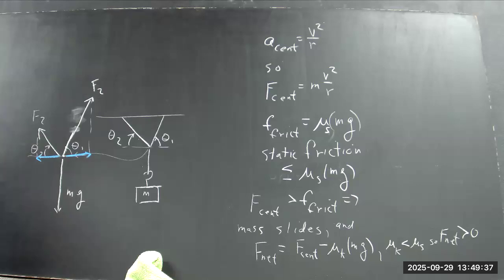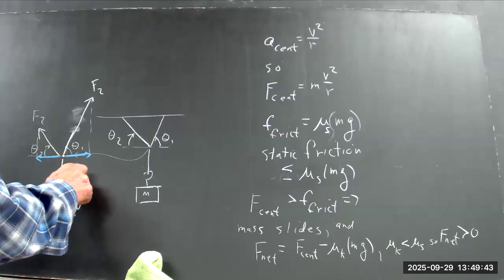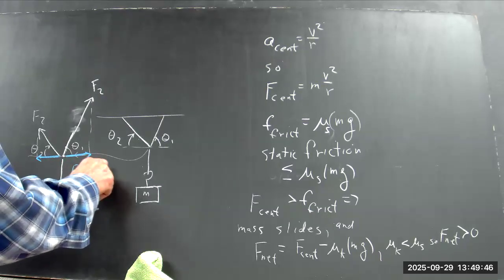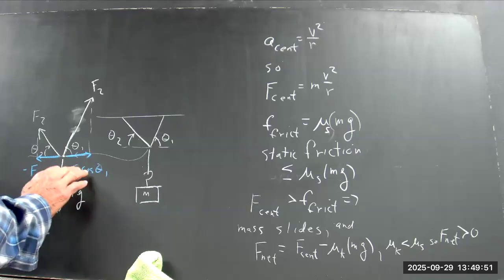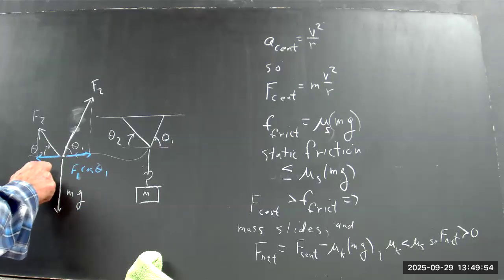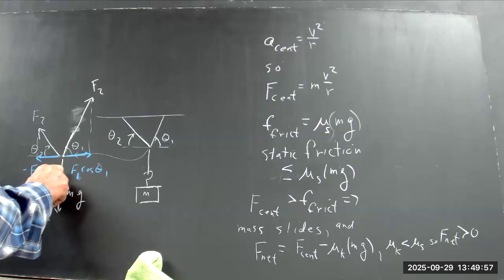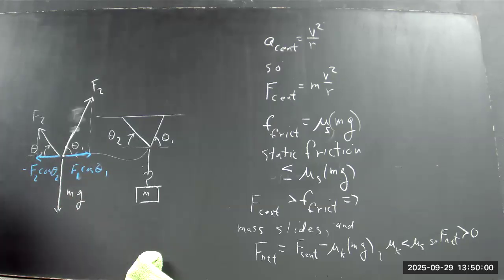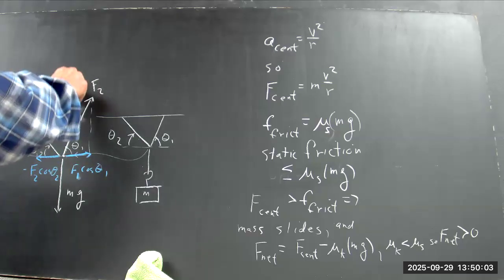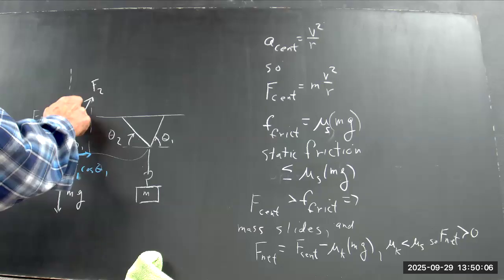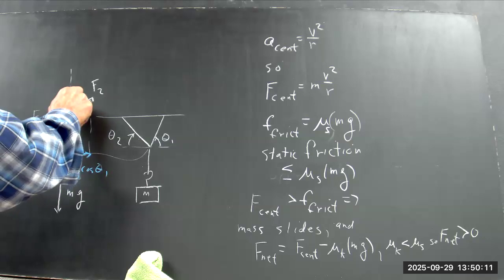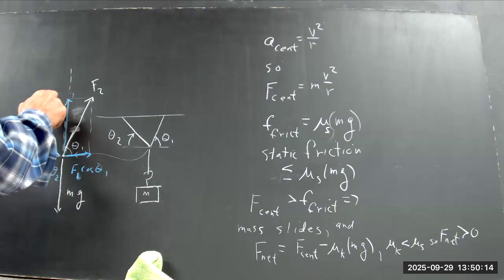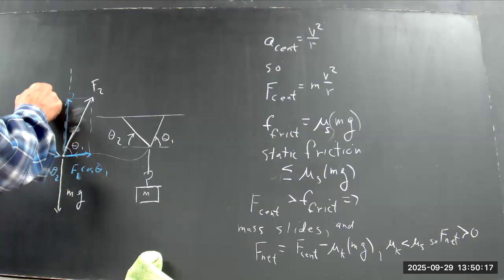Anyhow, you got F2 here and F1 here. Whatever these angles are, this is going to be F2 cosine theta 1. This would be negative, that's F1. Negative F2 cosine theta 2. That makes it a little hard to read. In this direction, I don't want to draw the components right on top of each other, but you project over to the y-axis, and you get this, your y component of F2.